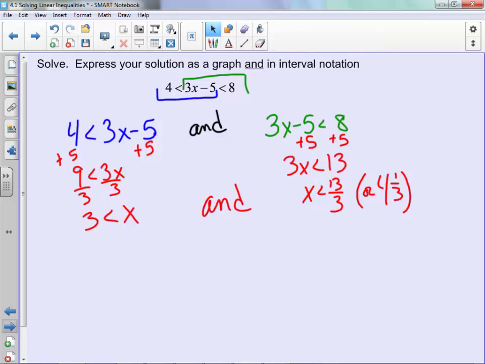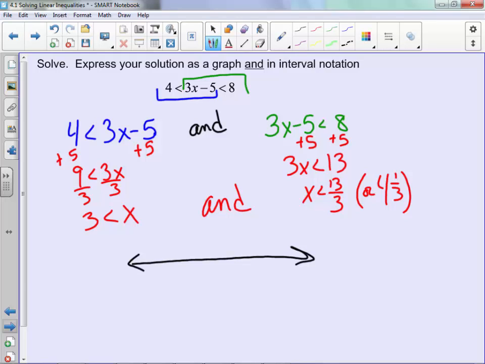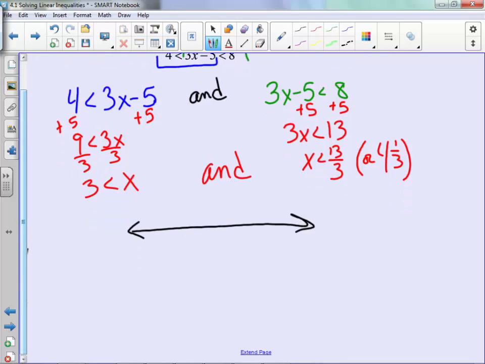So now we want to know what our answer is going to be. So let's go ahead and graph these. We've got 3, we've got 4 1/3. Graphing this first one, we want x is greater than 3.